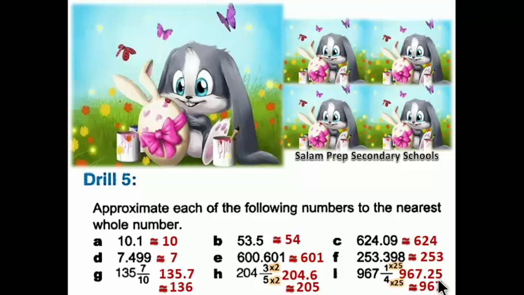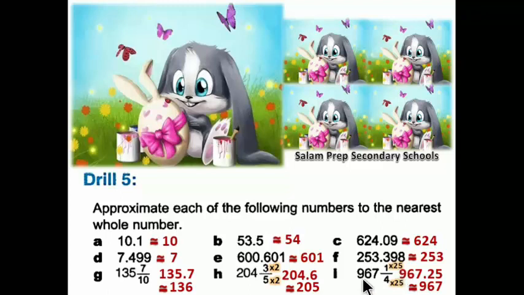Let's solve drill 5 together. 967 and a quarter. We can convert this fraction to decimal fraction. 4 times 25 equal 100. 1 times 25 equal 25.